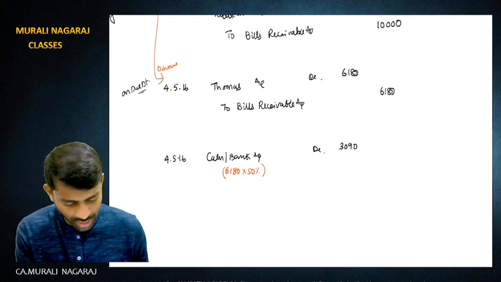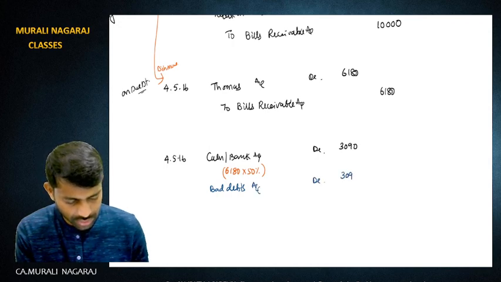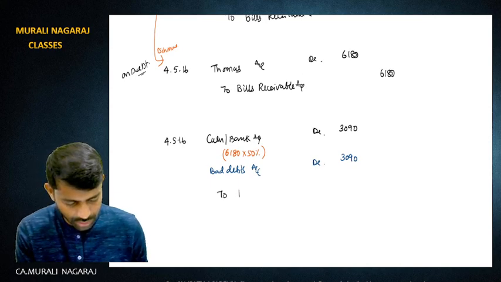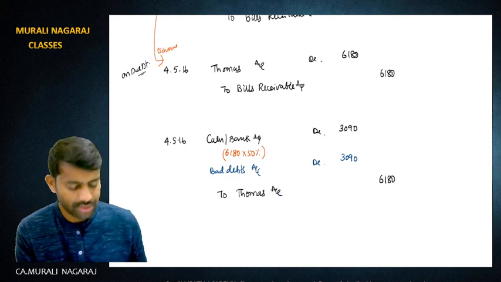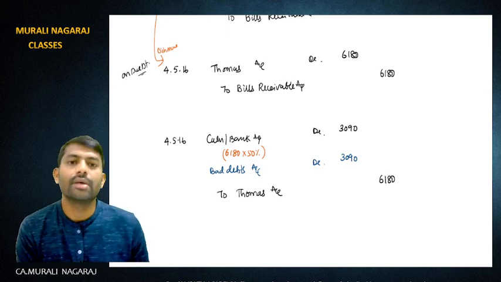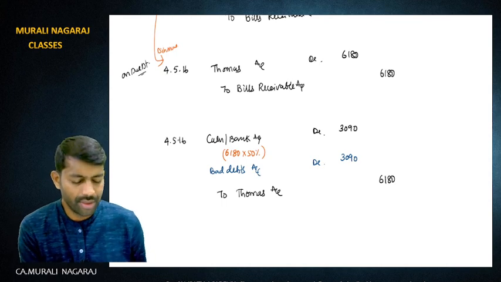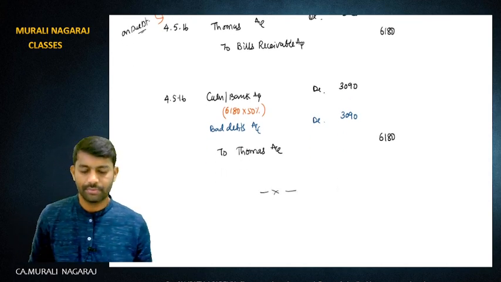Bad debts account debit 3,090 to Thomas account 6,180, being insolvency of a party. So this amount we have now closed.